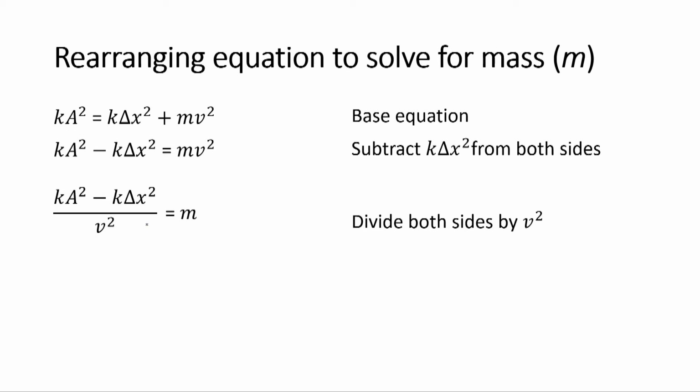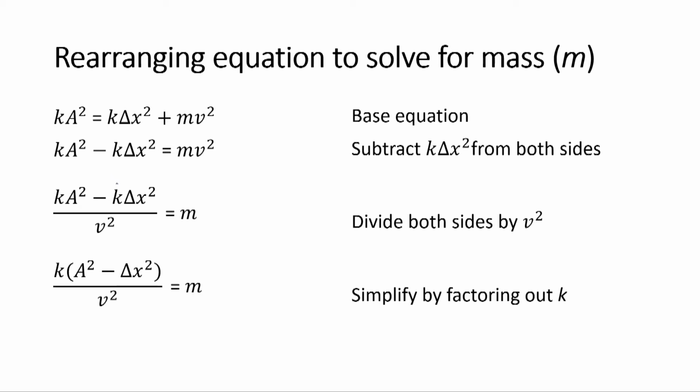And then there's a final simplification step here because k appears twice. So what we can do is factor that out so that we don't have to have someone go in and do k a squared minus k delta x squared and all that work. They can just do a squared minus delta x squared times k, and divide that by velocity squared, and then they have the mass. And that is it for the energy.